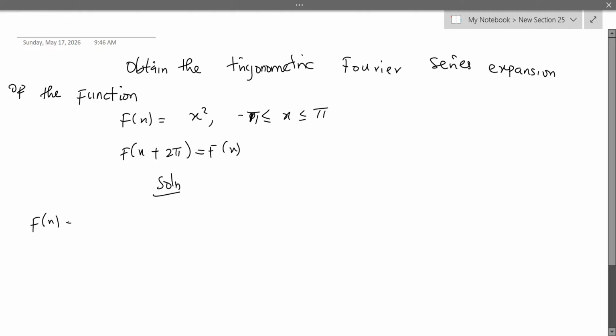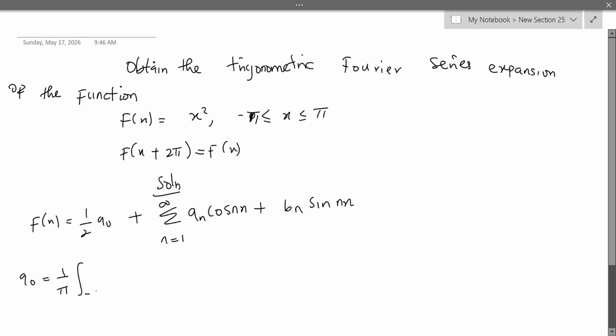we know they are talking about this: 1 over 2 a naught plus summation n equals 1 to infinity of an cos nx plus bn sin nx. So your a naught is 1 over pi from minus pi to pi of f of x dx.